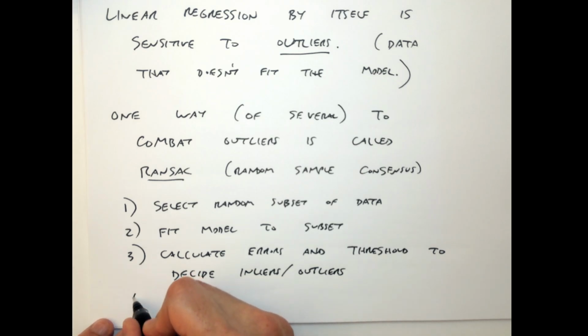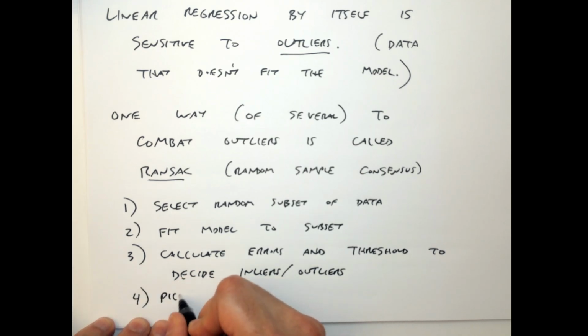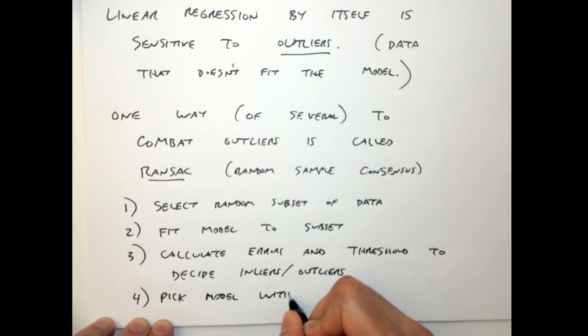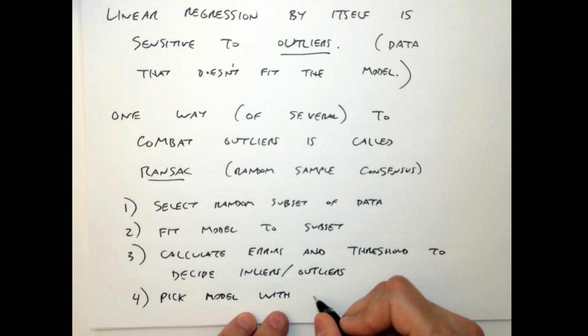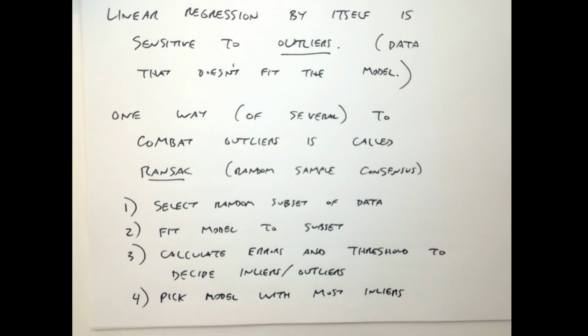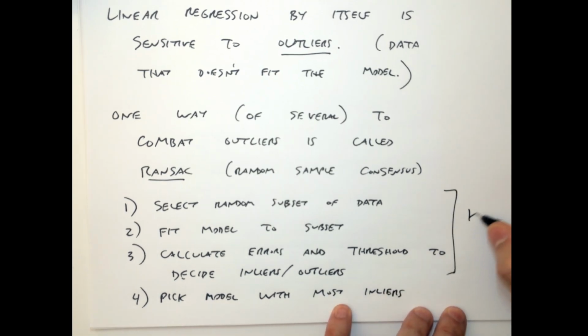And then I basically pick the model with the most inliers, more or less. I do this some number of times, right?